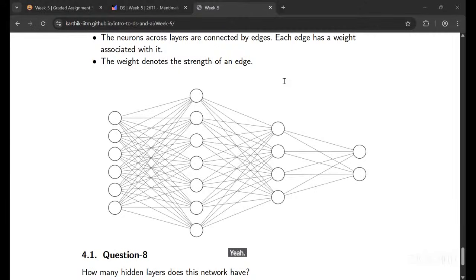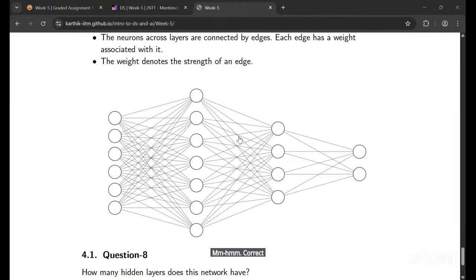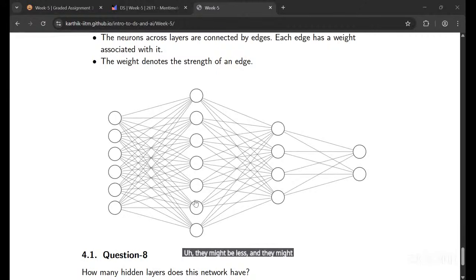Yes, if you increase the hidden layers, we are complicating the number of weights we are computing, and it just keeps getting more complicated. Correct. So now you're performing a whole bunch of new operations, multiplications and additions, for a lot of layers compared to the 2 here. That is why it's unnecessary, complex calculation, which will overfit your model. On the other hand, if I just have 1 layer, the calculations might be fewer and might not be sufficient.